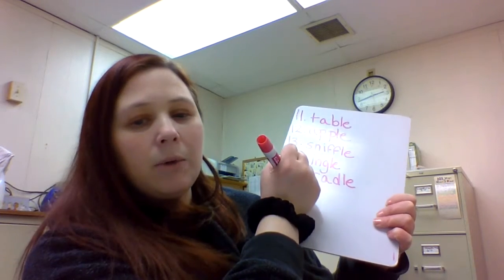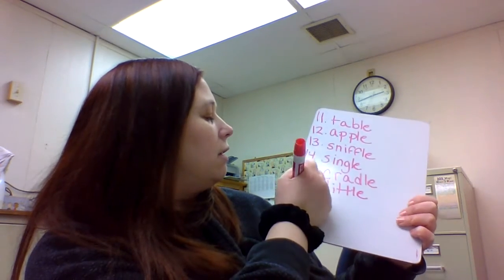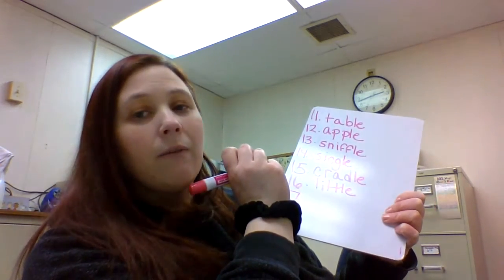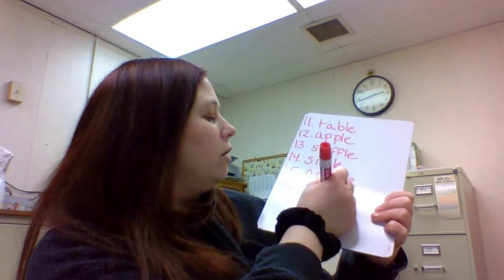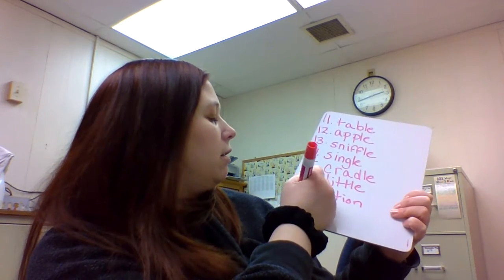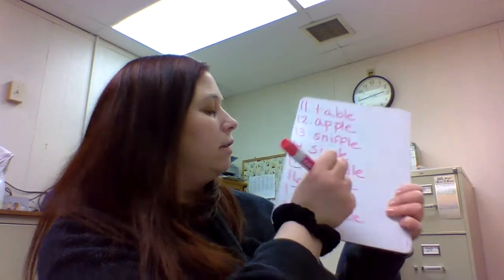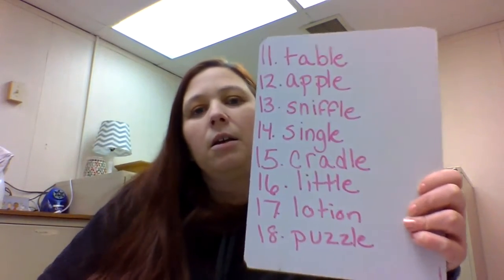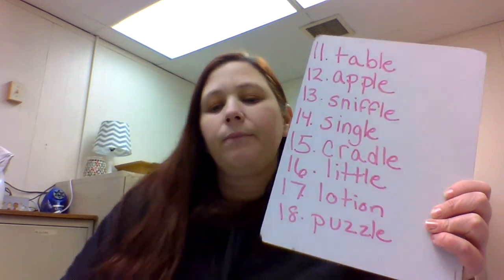Number 16, we have little. 17, we have lotion, and then our shun, TION. And number 18, we have puzzle, puzzle. All right, make sure that you have all of these before we move on to coding.